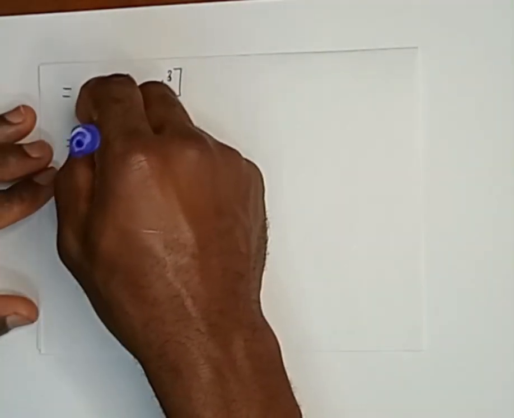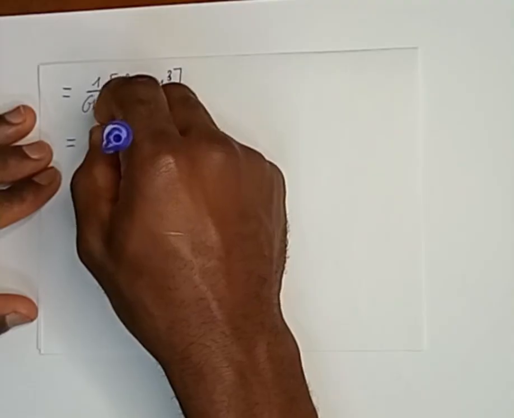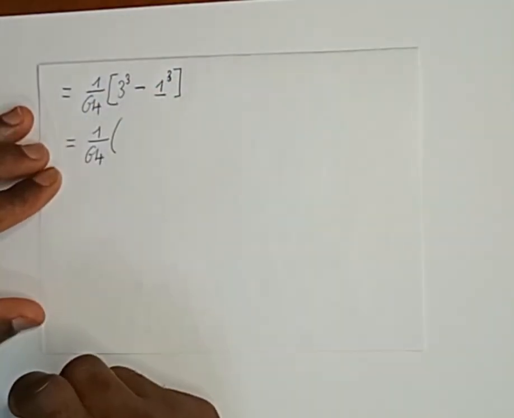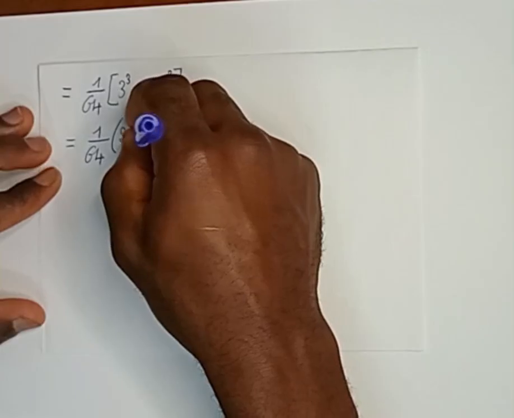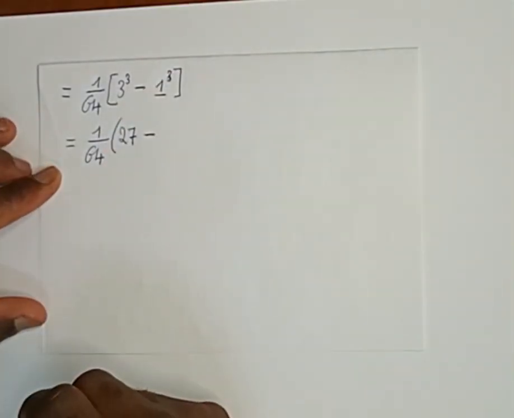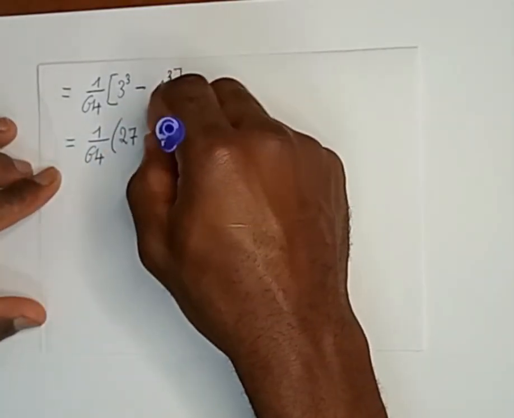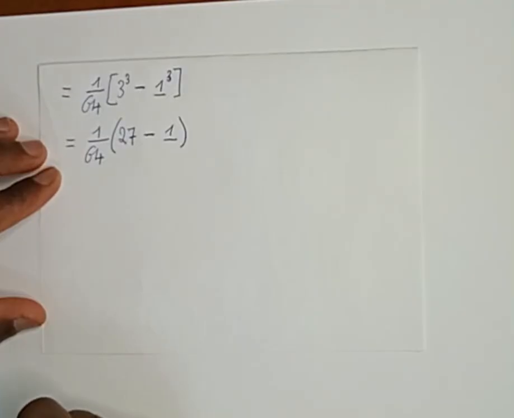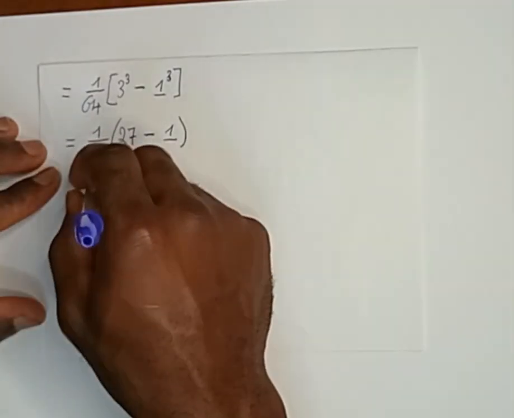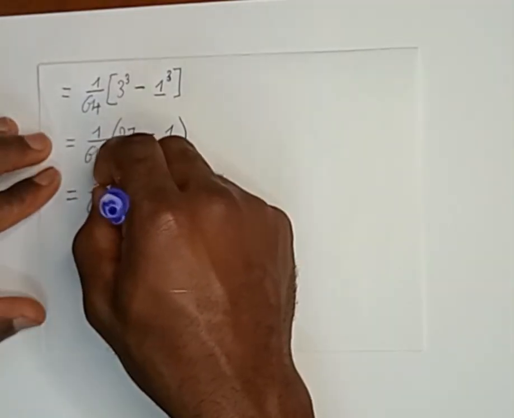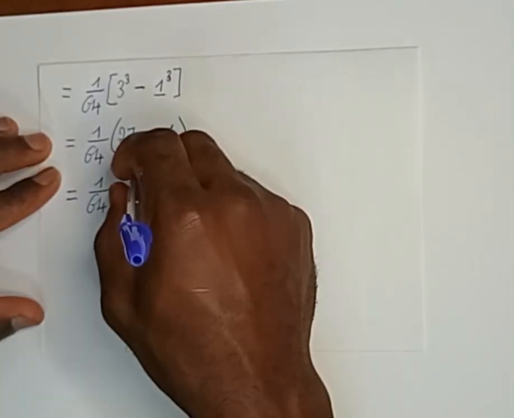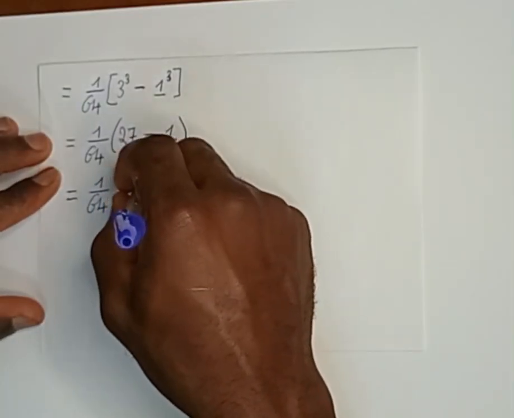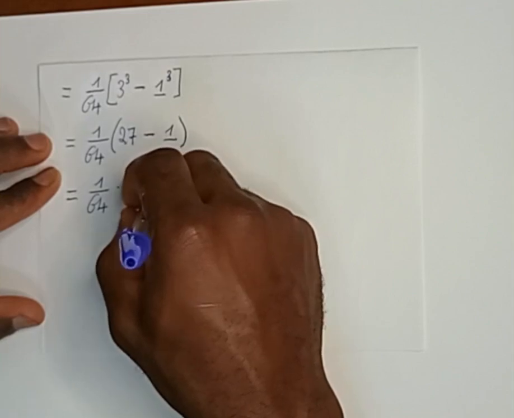This will simply be equal to 1 on 64 into 3 cube, that means 3 times 3 times 3, which is 27, minus 1 cube, 1 times 1 times 1, which is 1. This will simply be equal to 1 on 64 times 27 minus 1 simply gives us 26, which we can express as 26 all over 1.